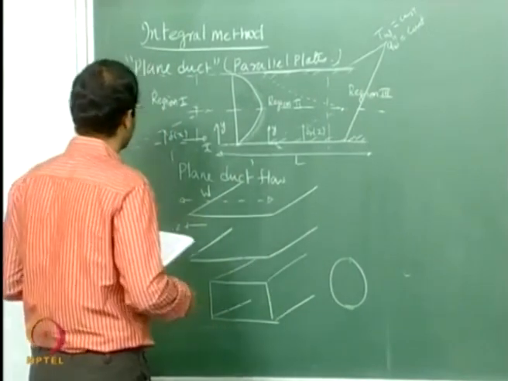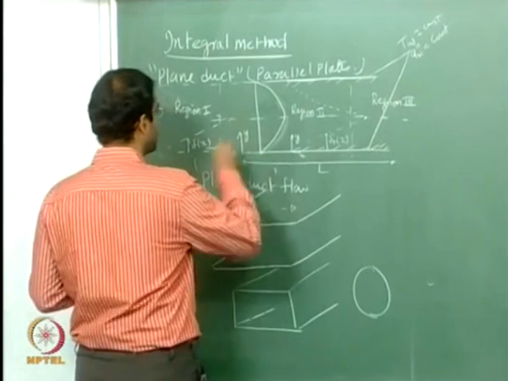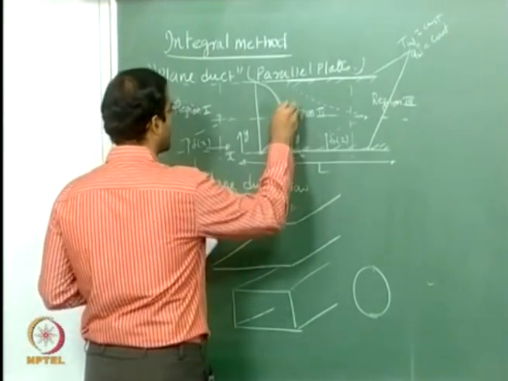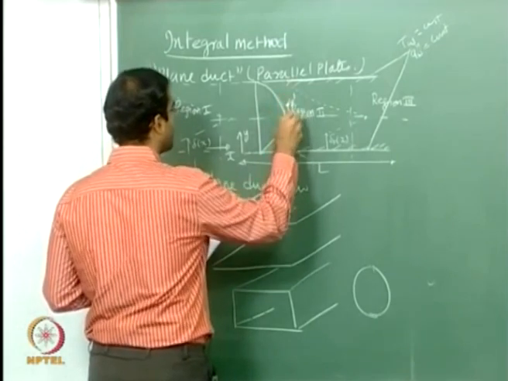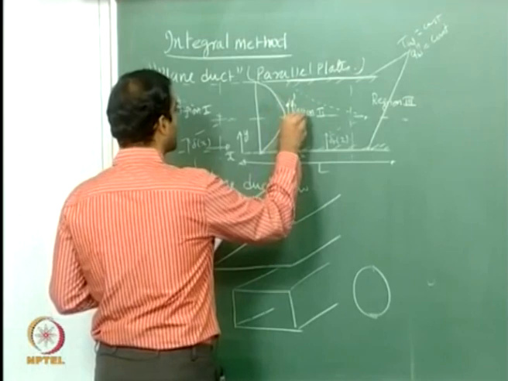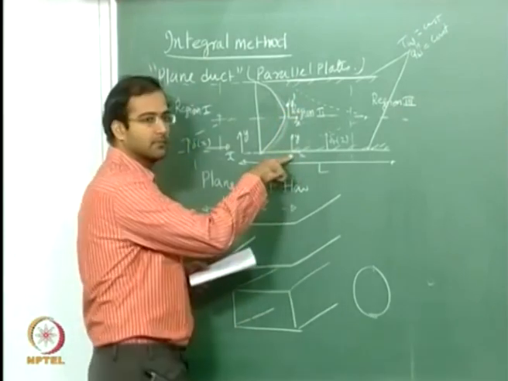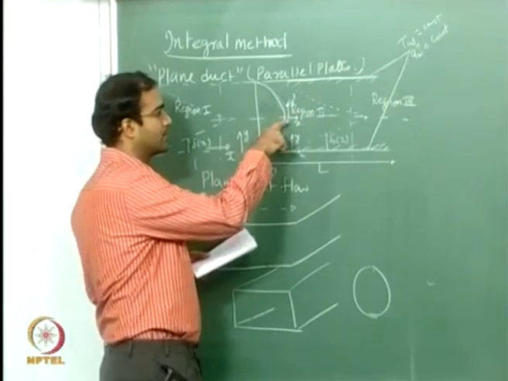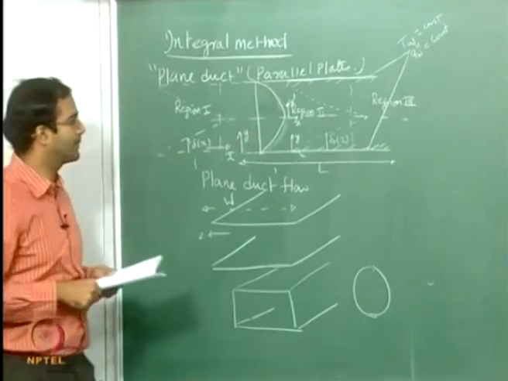So we will have a coordinate system where we will start from here, and at the center of the duct I will use the coordinate system y prime and x. The one which is starting from the bottom plate I will call y, and the one which is starting from the center of the plate I will call y prime.